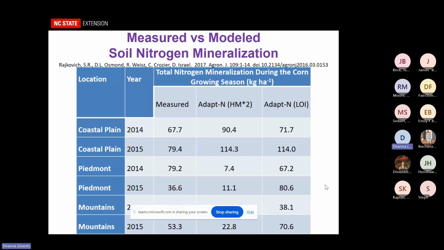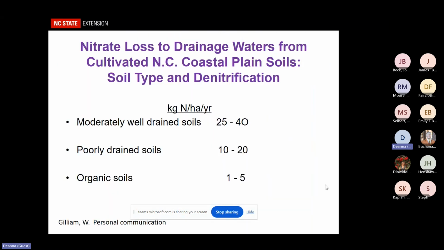And the thing that's really interesting is that, for instance, the Piedmont fields were exactly the same soil map unit, and yet one year, one field had half the amount of nitrogen that was released from soil organic matter as the other field. Soil organic matter nitrogen release is highly, highly dynamic, and there's really no way to capture it. And that's why we stayed away from it.